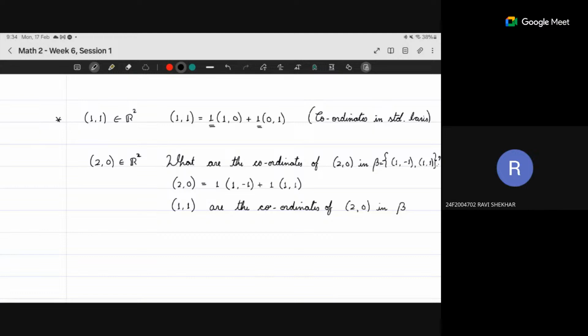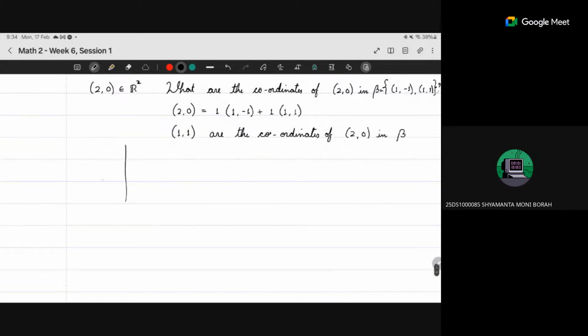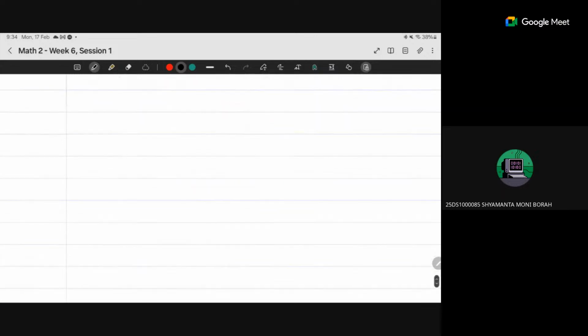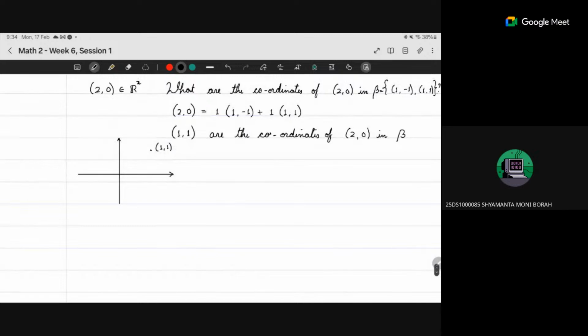Sir, what does this coordinate signify? Exactly. So when you're talking about it, let's do it in R2 itself. If I draw an R2 and then I tell you to describe the points uniquely, what is a coordinate system? A coordinate system, let's say (1, 1) itself, says that it is 1 unit from the x-axis, 1 unit from the y-axis, right?